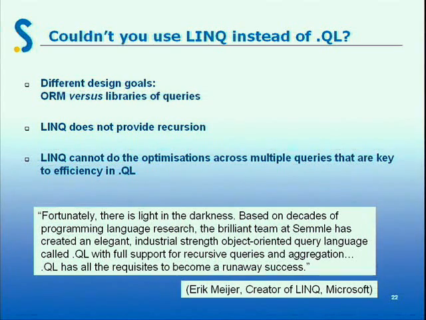And finally, you cannot do these optimizations in the LINQ environment that make it all tick for us, where we specialize the use of a particular predicate to the context where it's being used. And just don't take my word for it. Eric Meyer, the creator of LINQ at Microsoft, completely agrees with the point that LINQ doesn't provide recursion and that these optimizations are essential.